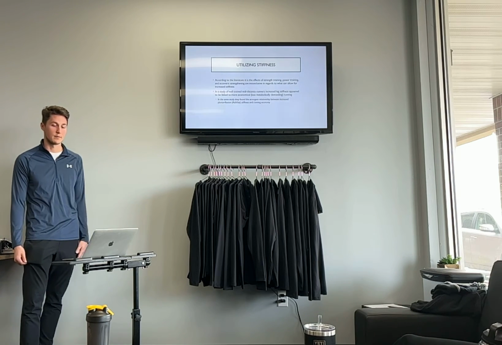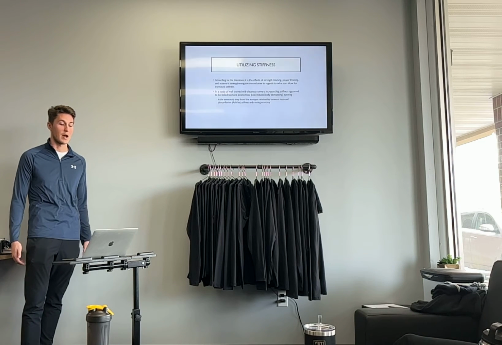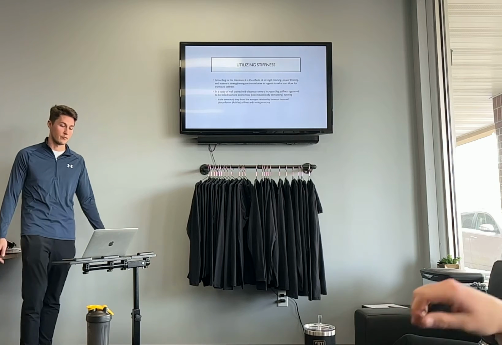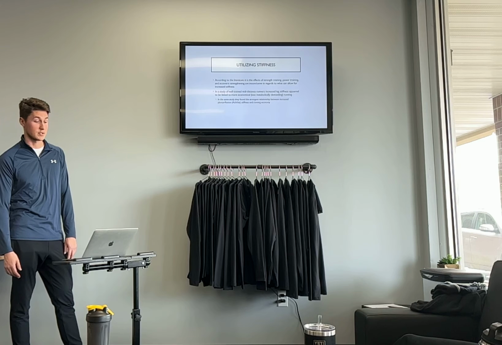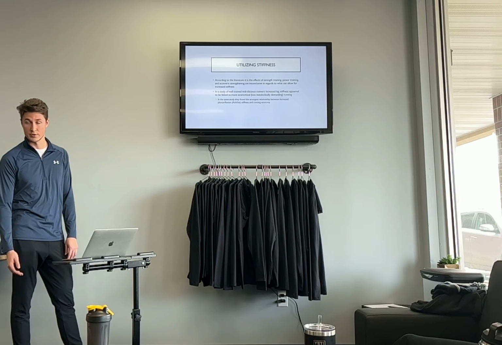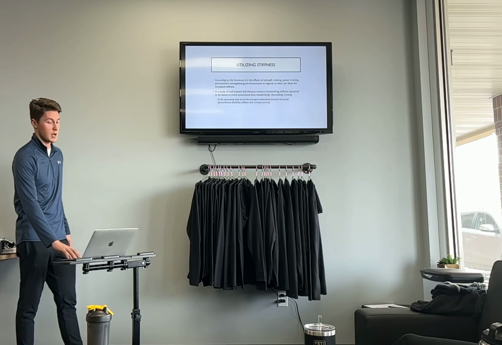But utilizing stiffness, they still don't really know what affects it. They have found that in mid-distance runners, increased leg stiffness appears to be linked to more economical, less metabolically demanding running. In the same study, they found that the strongest relationship was with plantar flexion joint stiffness, so at the Achilles, and this is found to improve running economy.